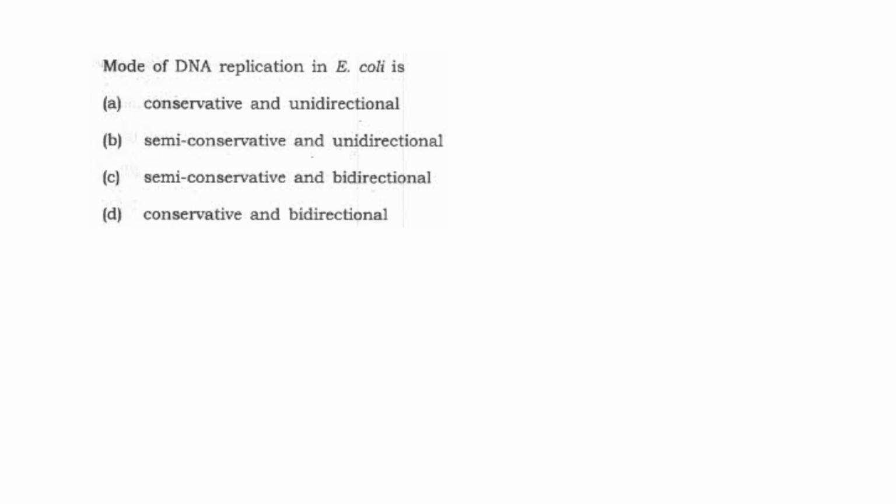That means at the origin of replication, it can continue in both directions. In prokaryotes, the origin of replication is called OriC. So the answer should be semi-conservative and bidirectional. That is why the correct option is C.